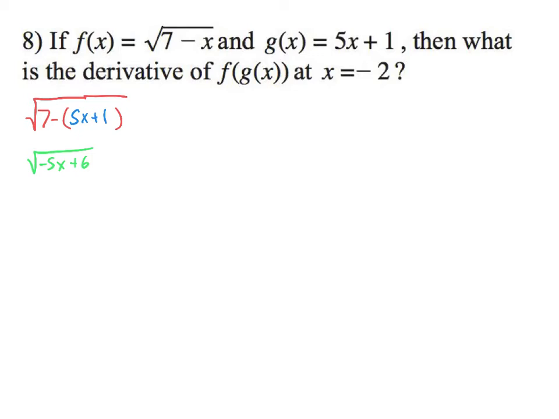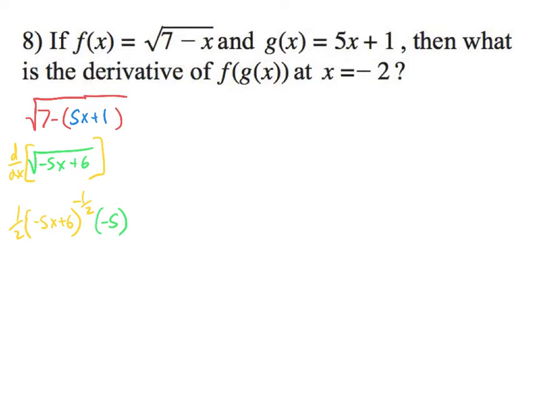What that derivative would be, if I'm taking the derivative of this, 1/2 goes out front, leaving the negative 5x plus 6, dropping the power by 1, and then multiplying by the derivative. That would be the derivative.